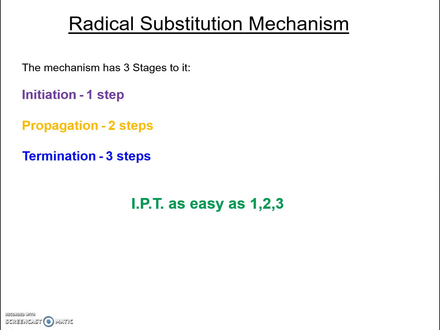So overall, this mechanism, where we're looking at where the electrons and the atoms go, is split into three different stages: initiation, propagation, termination. Initiation has one step, propagation two steps, termination three steps. What I like to say is IPT, easy as 1, 2, 3.